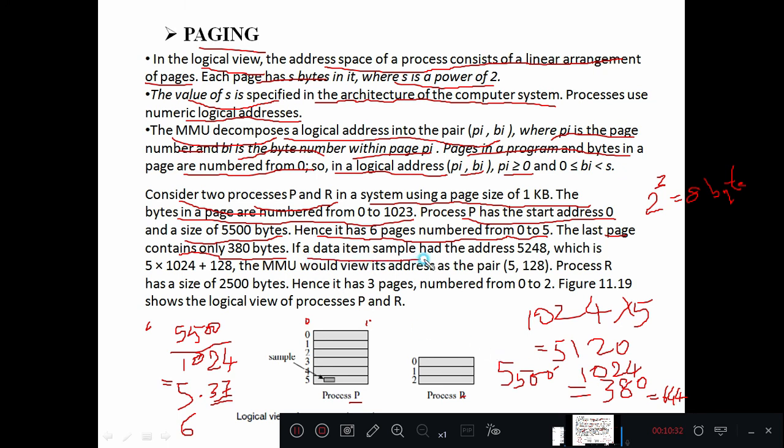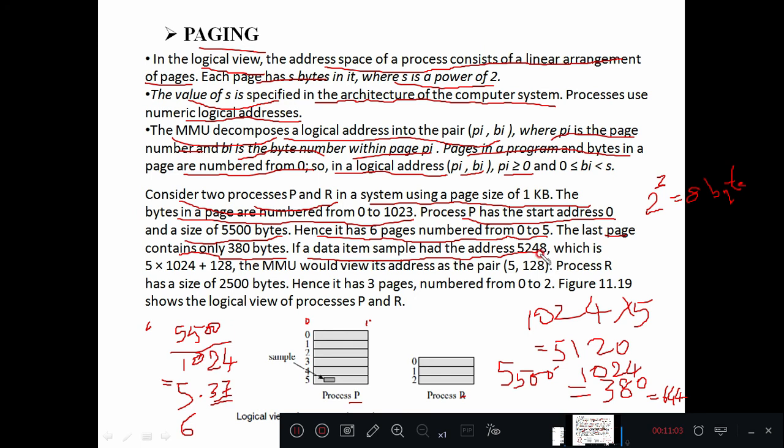Let us say a data item has an address of 5248, and I want to get the data or instruction present at 5248. To identify where this byte lies, first we need to identify the page number, and then from the starting address of that page, how far that particular data is.